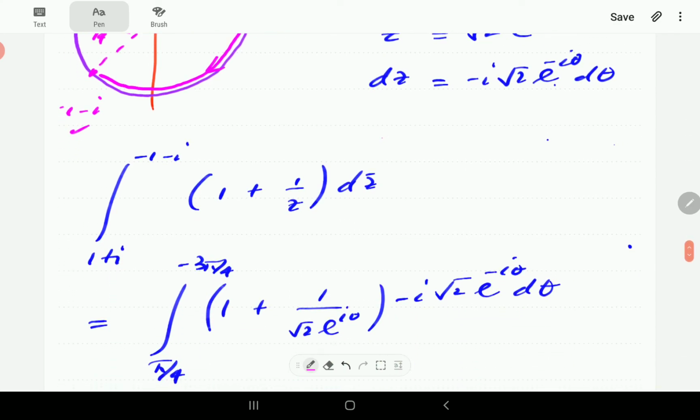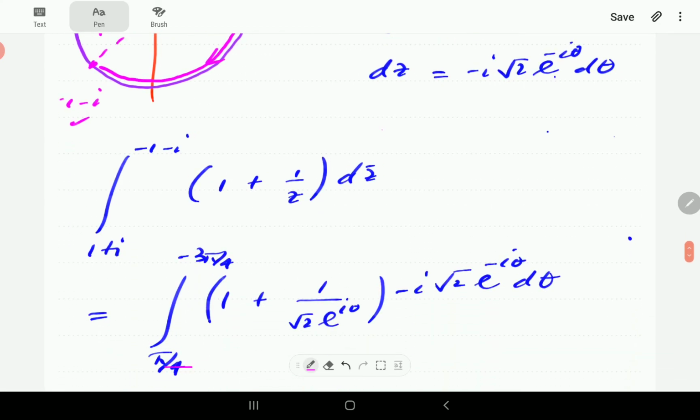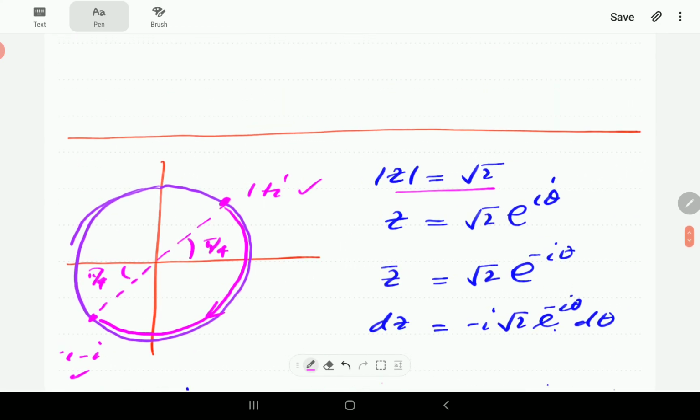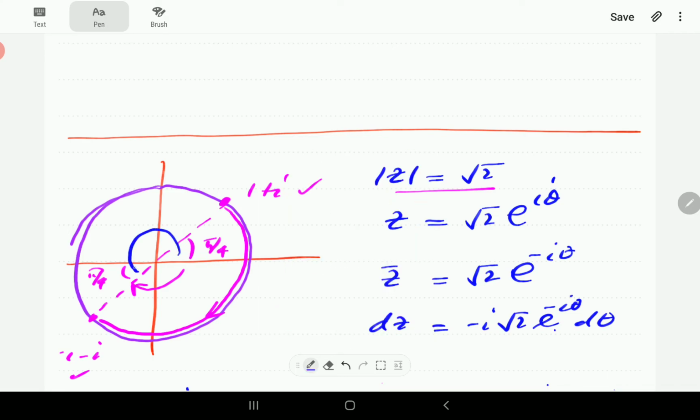So if we plug this in, at 1 plus i, theta is pi on 4. So it's going to be our lower summation limit. And then we go in the clockwise sense this time. So that means this angle here is going to be negative 3 pi on 4. If we were going in the counterclockwise sense, this angle would be 5 pi on 4.